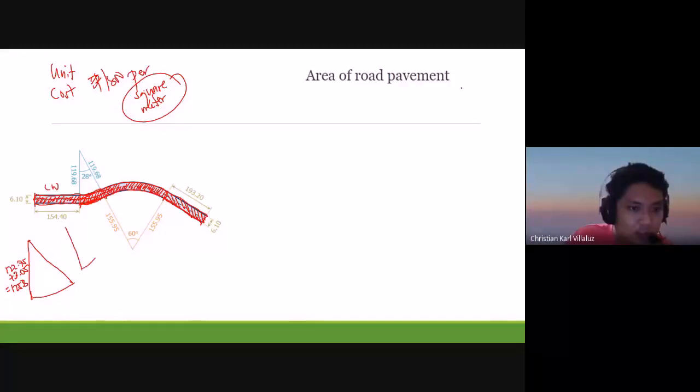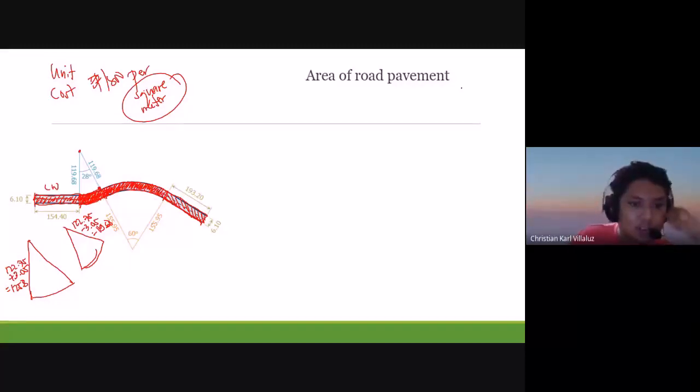That is the first sector that we form. And this is the second, smaller sector. We subtract 122.75 by 3.05, which gives 119.68, from this point to this edge of the roadway. When we subtract these two, what remains is this shaded area of our roadway. The same applies to the second curve.